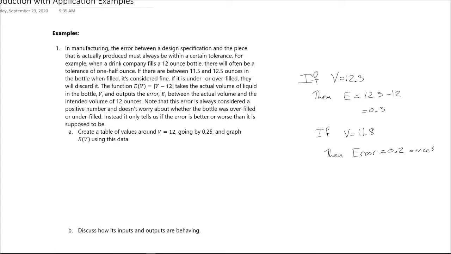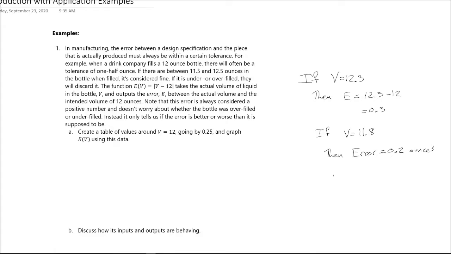We always think of error as just how much it's off. We always think of it as a positive value. We never talk about whether it's a negative or positive error in that manner. We can say, is it overfilled or underfilled? Like, when we look at the error, can we say, is it too much or too little? We can have that conversation. But error by itself, we just say, by how much is it off?